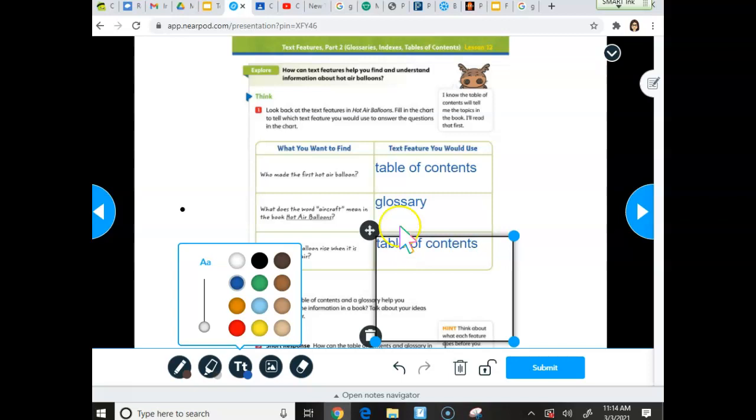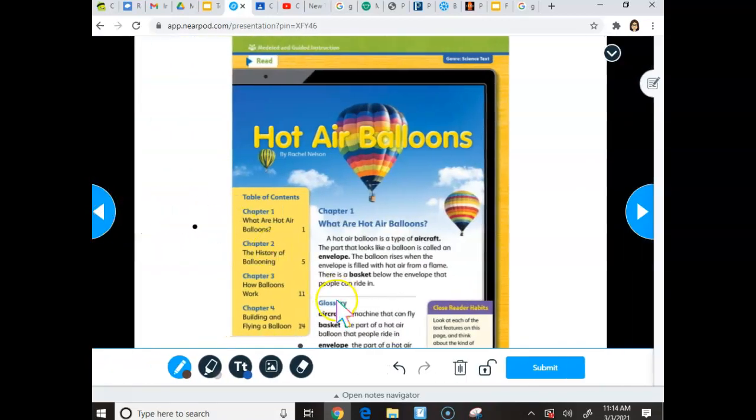Guys, what page do we need to turn to find our answer? How balloons work. What page would I turn to? Page 11. In this book, I would turn to page 11 and I would start reading there to find my answer. It would tell me how it works.